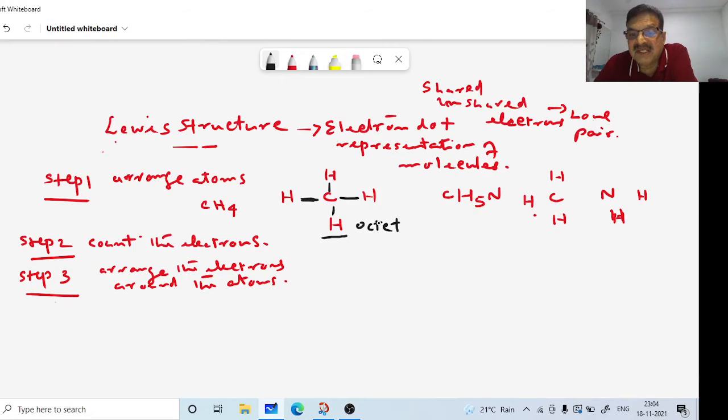There may be a situation like that. You have utilized all the electrons available, and still the atom doesn't have an octet. Then the only option is forming multiple bonds. I will explain this with some examples. Now, what is the final step here? Step 4: assigning formal charge.